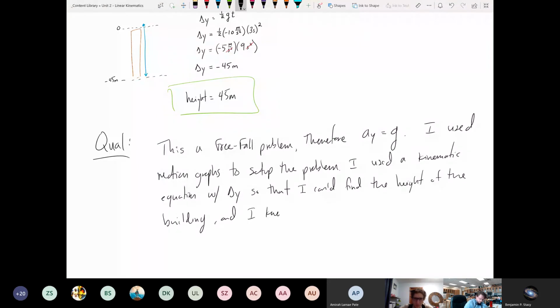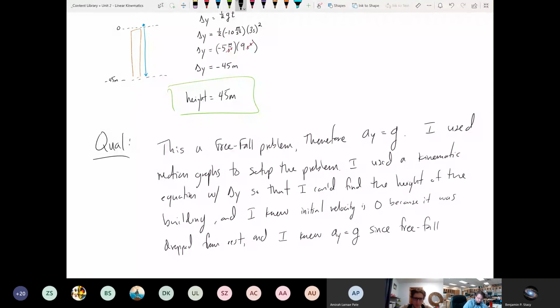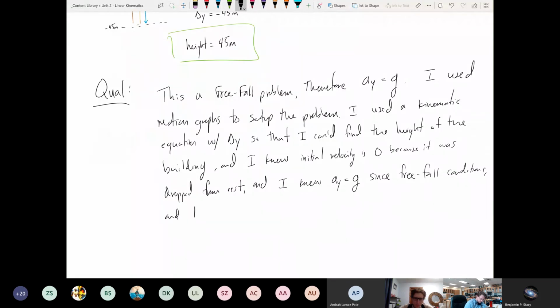And I knew initial velocity was 0 because it was dropped from rest. And I knew acceleration in the y was little g, since it's a free fall problem, or free fall conditions apply. And time to fall was given as 3 seconds.